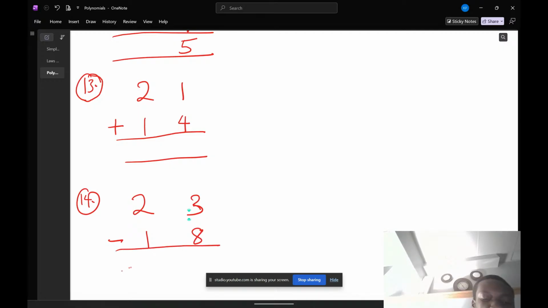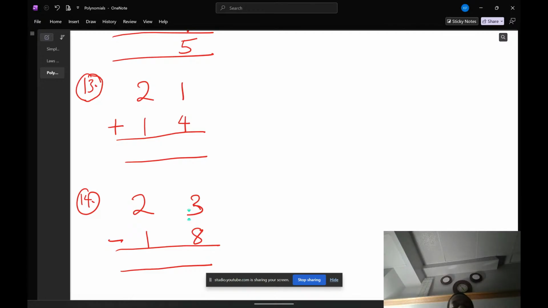So now we have addition of two 2-digit numbers and subtraction of two 2-digit numbers.